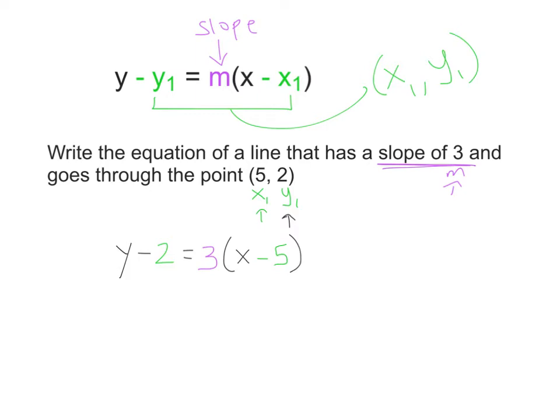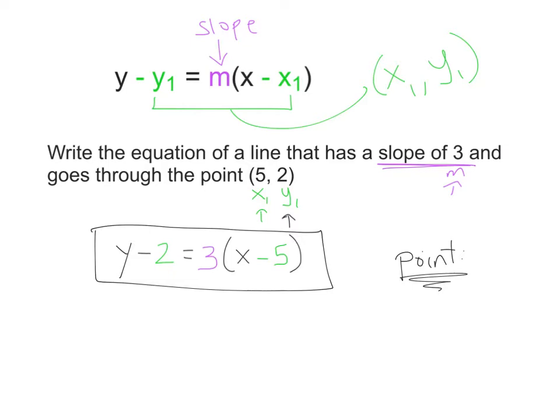So if you had this equation right here and I asked you to graph it, the first thing you would need to do, right, is to write down your point. This is just a way to check that you have the equation written down correctly. The first thing we had to do was write down the point that we know from this equation. Remember, we'd find our x value from right here, and if it says x minus 5, we would write +5.